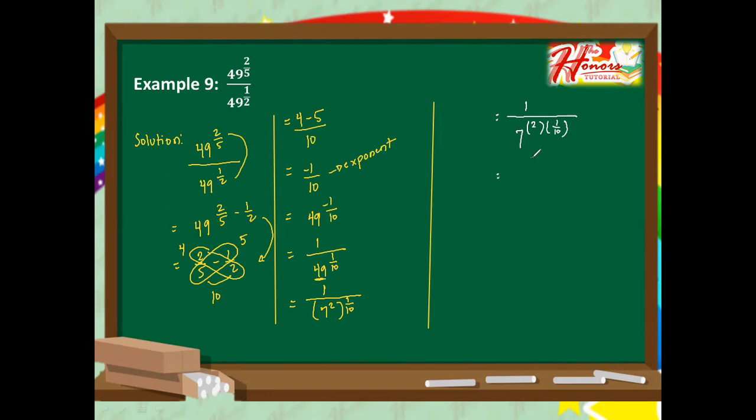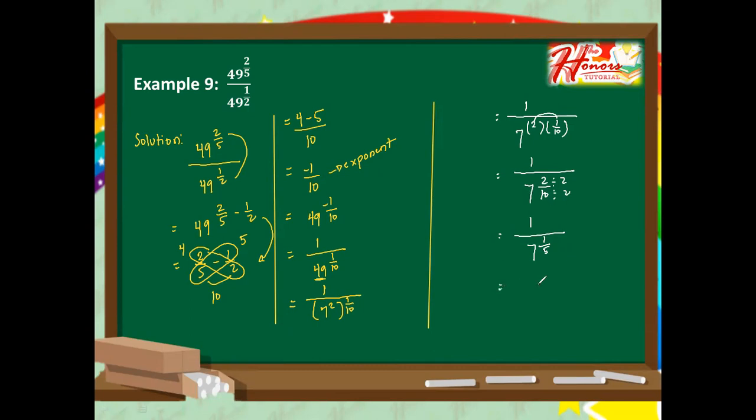So that is 1 over 7. 2 times 1, that's 2. And then copy the denominator, which is 10. And then please simplify 2 over 10 because there's still a number that can divide 2 over 10 at the same time without remainder. So that is 1 over 7. And then let's divide this by 2. 2 divided by 2, that's 1. 10 divided by 2, that's 5. So we have here 7 raised to 1 over 5 in our denominator.